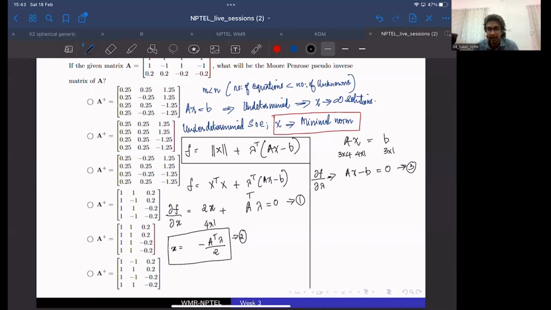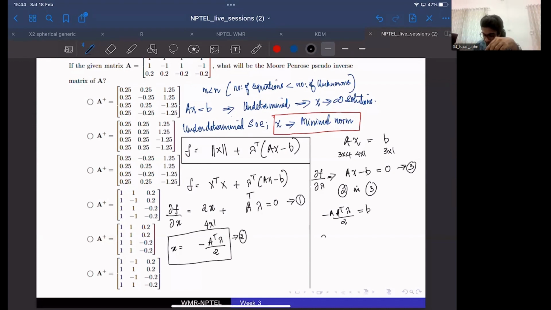So if you substitute x from equation 2 into equation 3, we would get minus A times A transpose lambda by 2 equal to b.